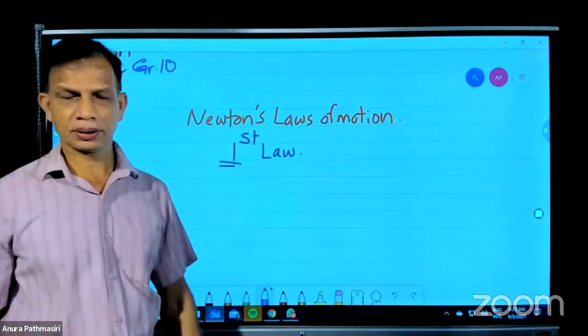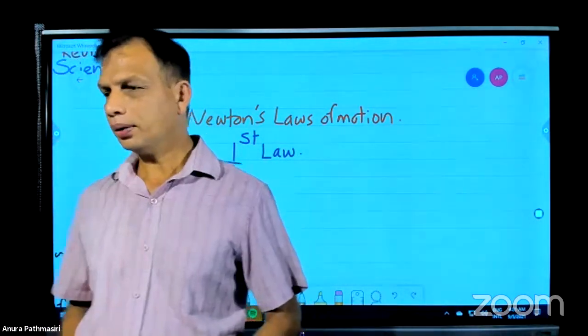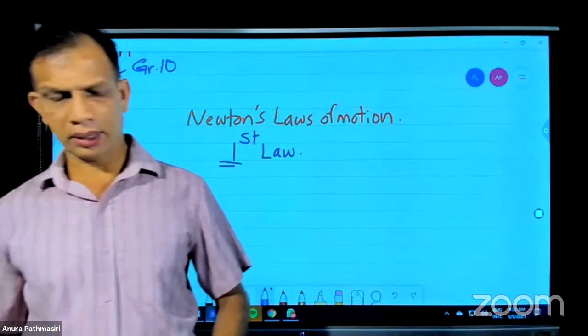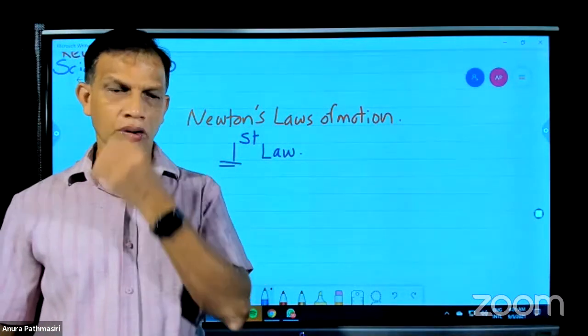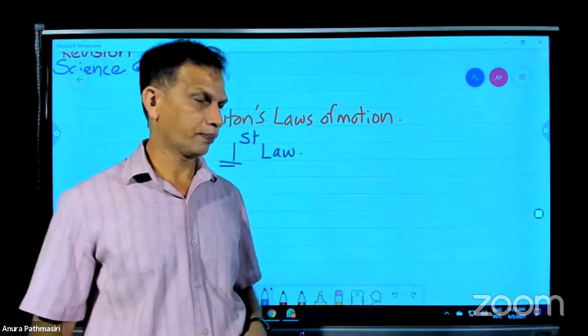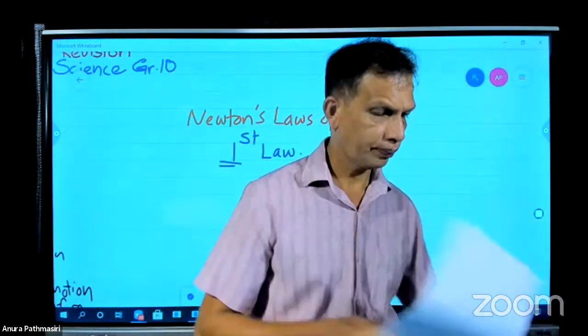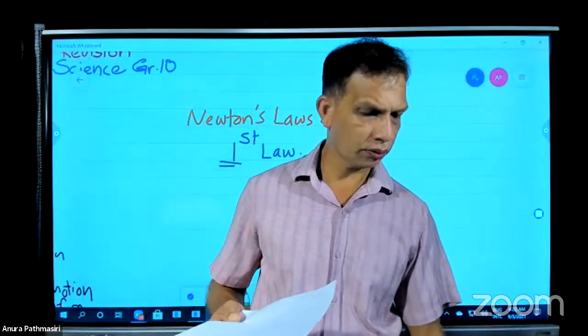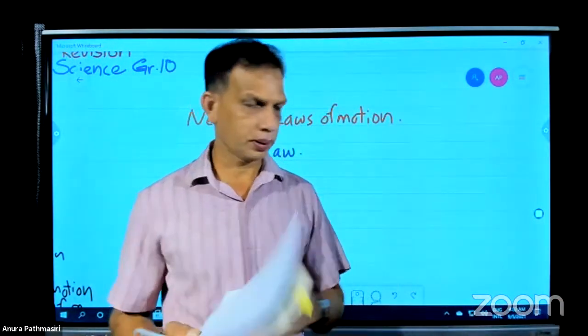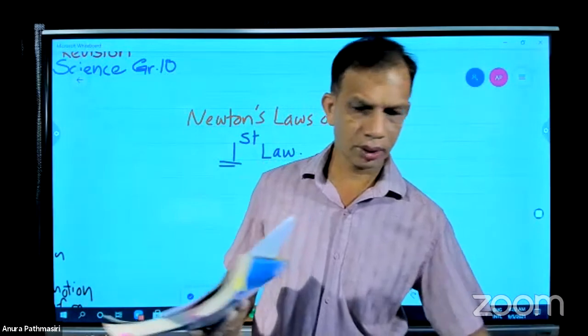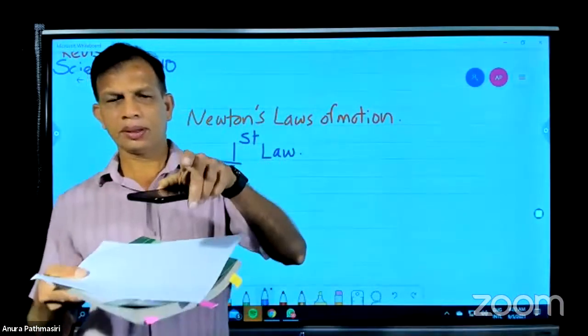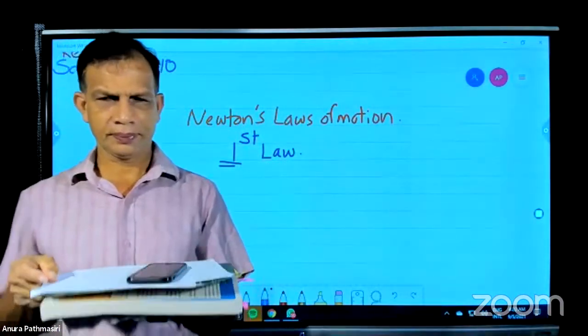The first law, we call it the law of inertia. If I can have an object this time, I'm going to take my phone over here and keep my phone here.